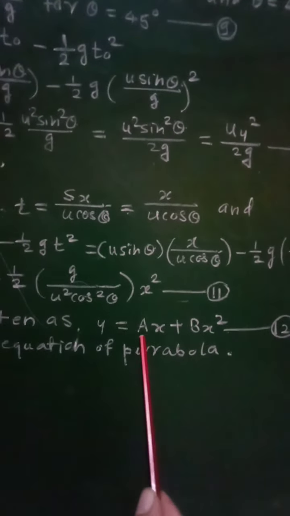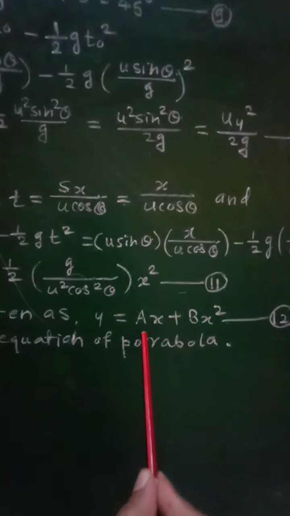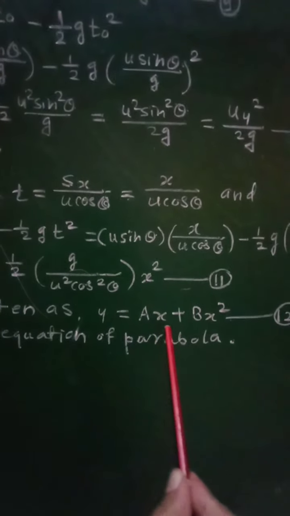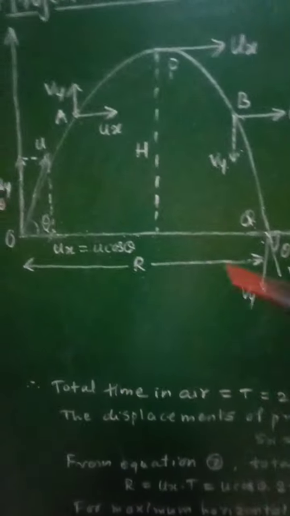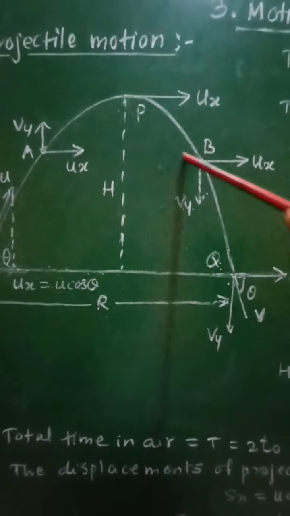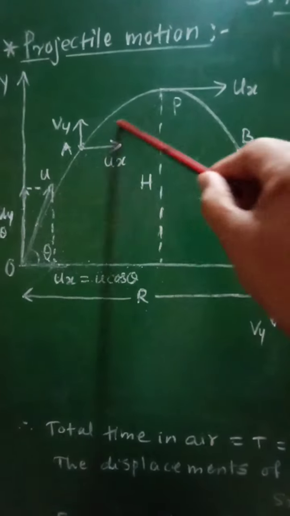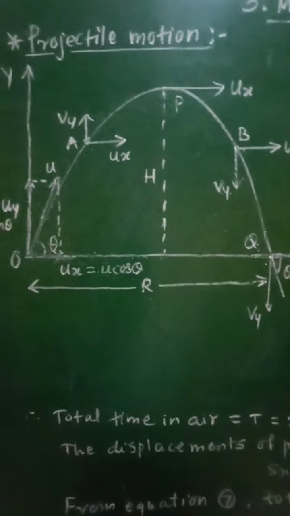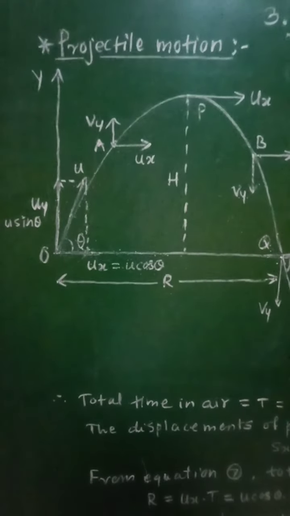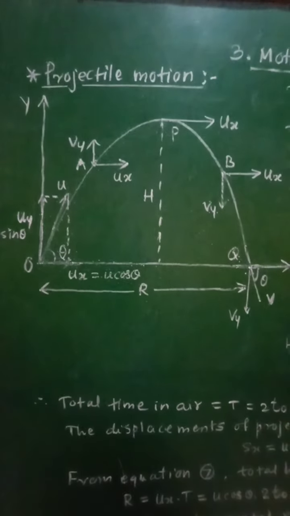But this represents the equation of parabola, that is y equal to ax plus bx square, and therefore equation number 11, the equation of path of the projectile, will represent the equation of parabola, and therefore the motion of the projectile is always parabolic. So we get the equation for the trajectory of this projectile, and therefore when any projectile is in motion, at that time it will trace a parabolic path.